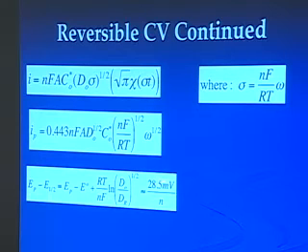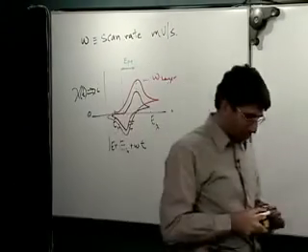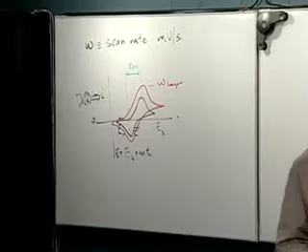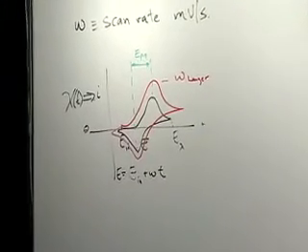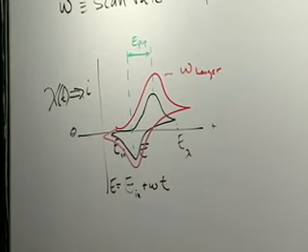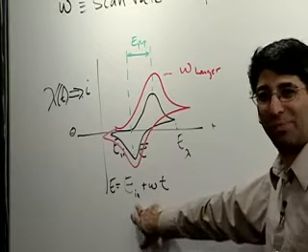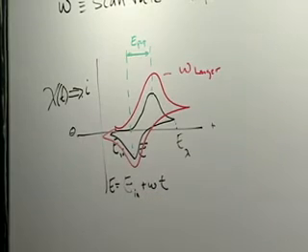Likewise, I pointed out to you that this peak-to-peak separation is an important parameter. And we could get that out of this equation also, again, by plugging in different values for our chi over here and realizing that although that's presented as time, it's also potential by this simple linear transformation.